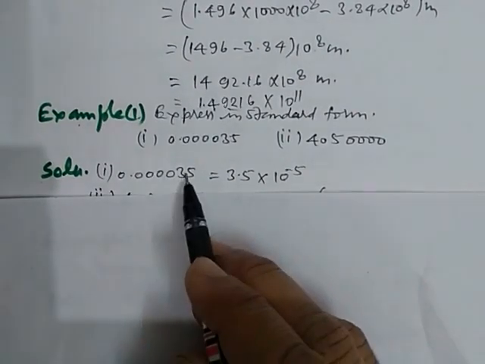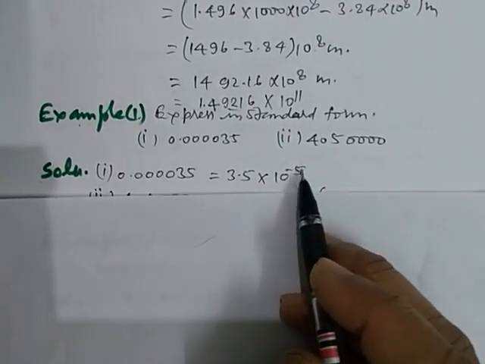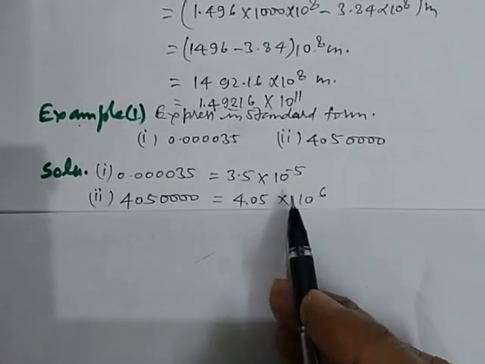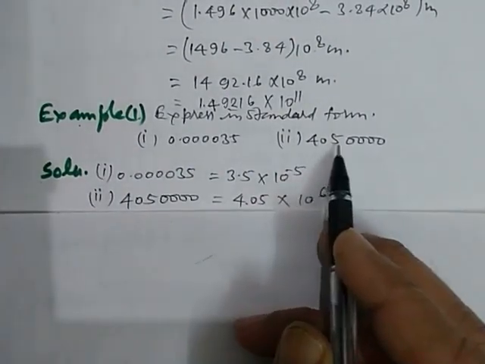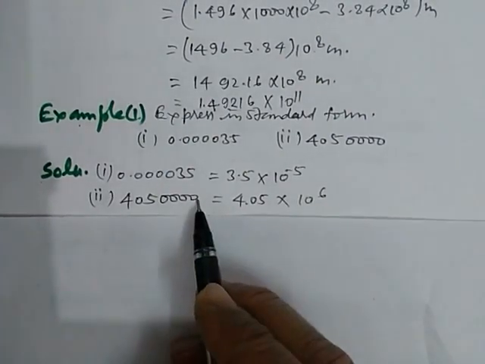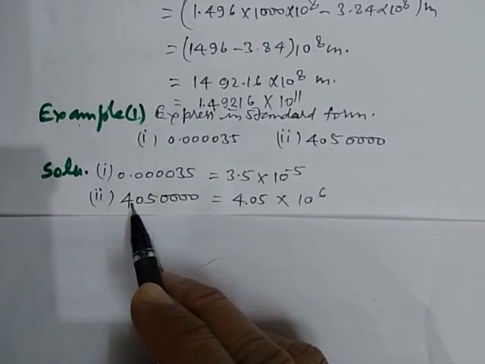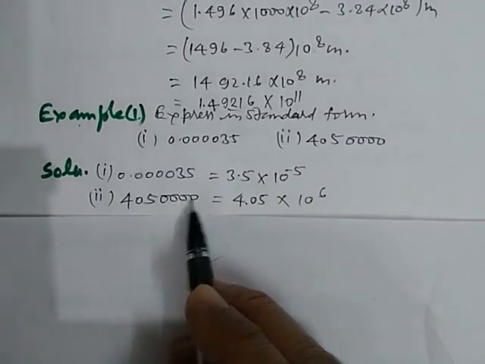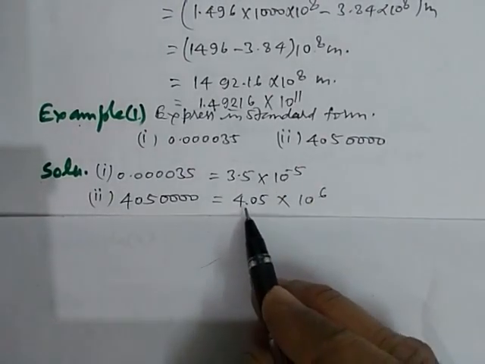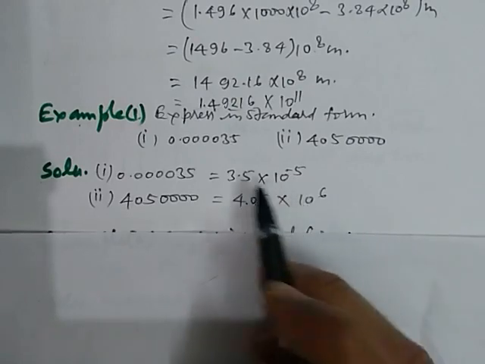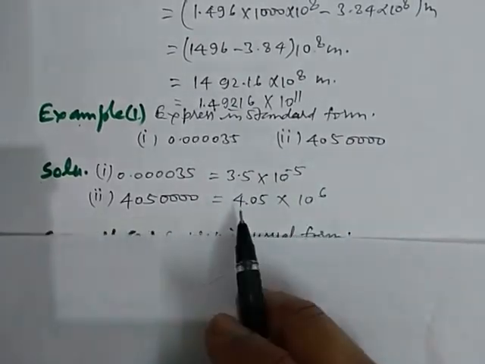By shifting 5 places, we write 10 to the power minus 5 because we shift to the right side. Now we take 4050000. Here we shift the decimal to the left side, so the power becomes positive. So count 1, 2, 3, 4, 5, 6. So we write 4.05 into 10 to the power 6. So this way we can express in standard form.